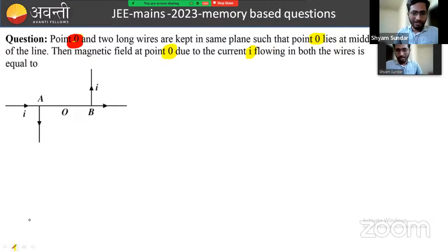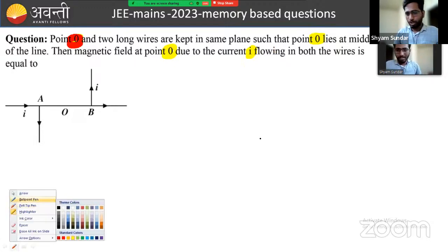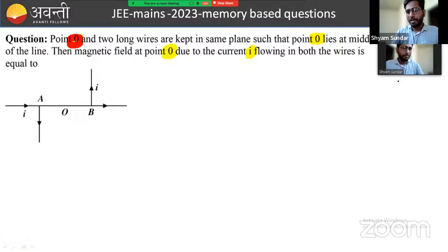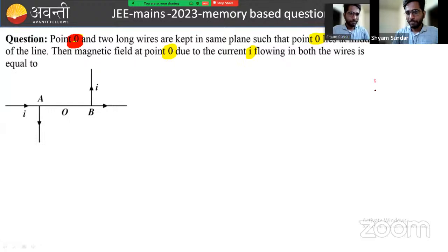Guys, yesterday we discussed a few topics related to the magnetic effect of electric current. Suppose this is a wire carrying current I. Due to this current carrying wire, a magnetic field will be created around it. On the right side, if I use the thumb rule, the thumb shows the direction of current and the curling fingers show the direction of the magnetic field.